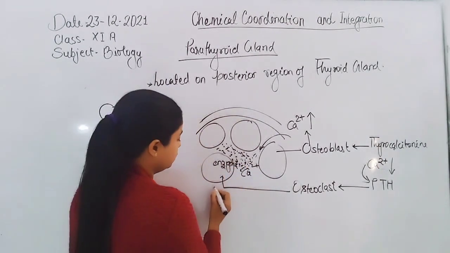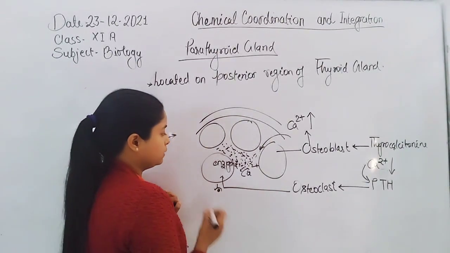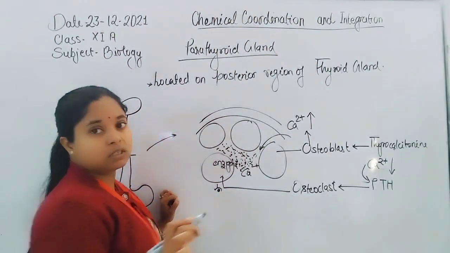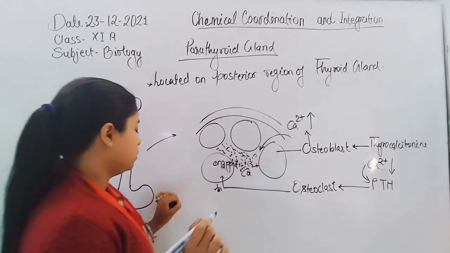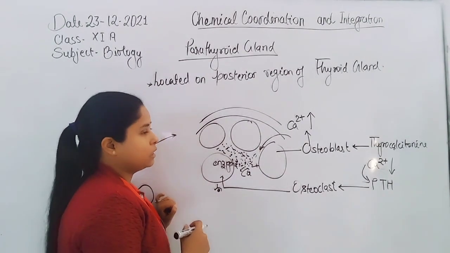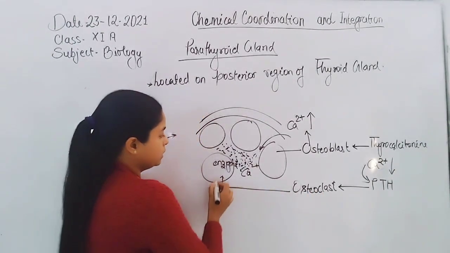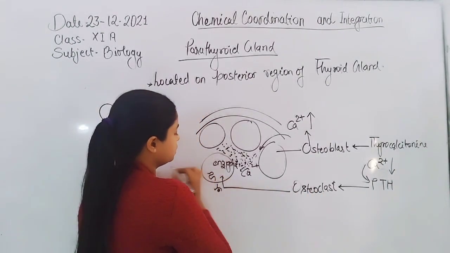So we know every hormone functions as a signal received either by an intracellular receptor or an extracellular receptor. So the PTH hormone binds with the receptor, and internal signaling is started.